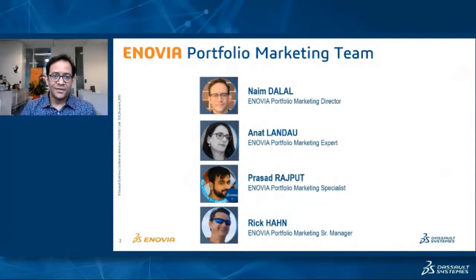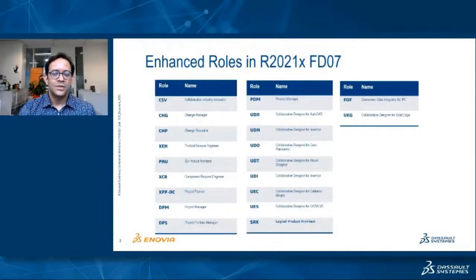And we are all together going to describe to you these new amazing enhancements in different themes and disciplines, as you know. So we have a big list of enhanced roles in this release. These are the major ones of them. You can see the complete list in the official documentation.